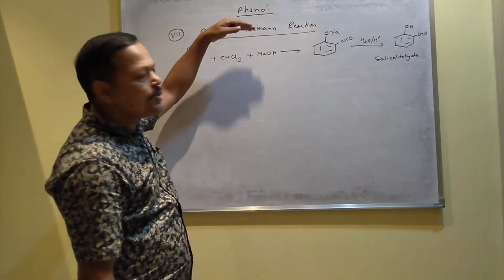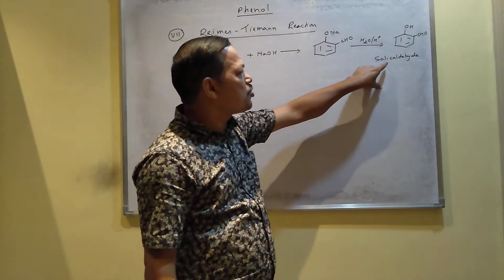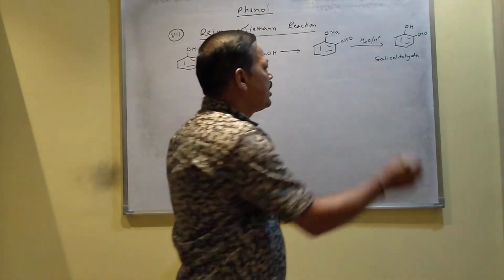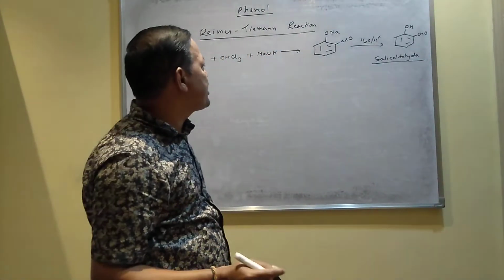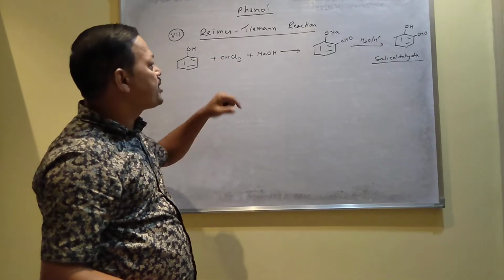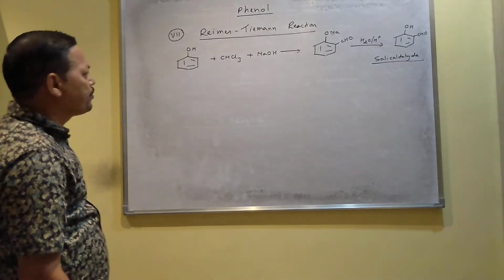So what is the difference between Kolbe and Reimer-Tiemann? In the Kolbe reaction, the product was salicylic acid, and in the Reimer-Tiemann reaction, the product is salicylaldehyde. In the Kolbe reaction, we use carbon dioxide as reagent, and in Reimer-Tiemann, you have to use chloroform as reagent, and both reactions contain alkali, I mean sodium hydroxide.